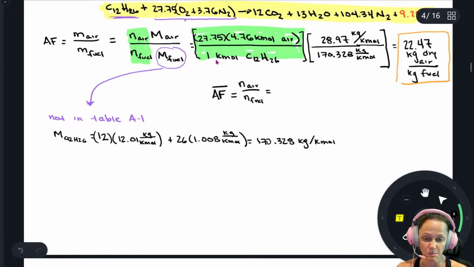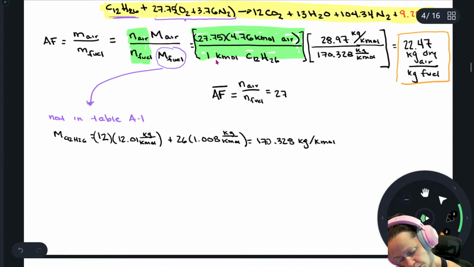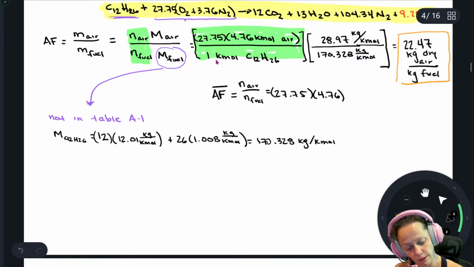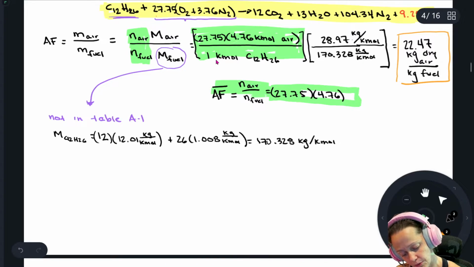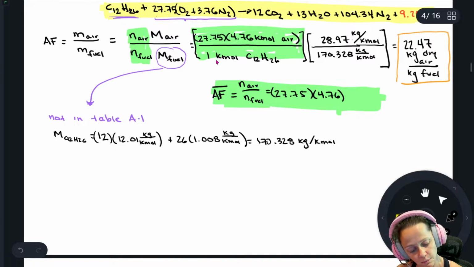So this ends up being whatever 27.75 times 4.76 is, in kilomoles of dry air per kilomole of fuel.